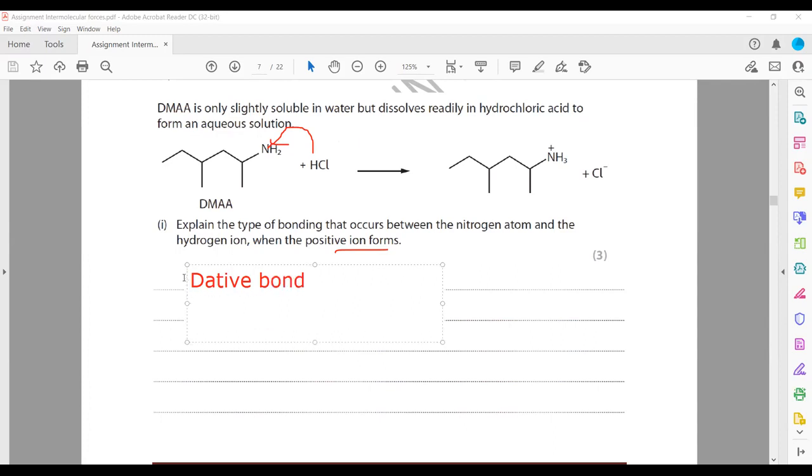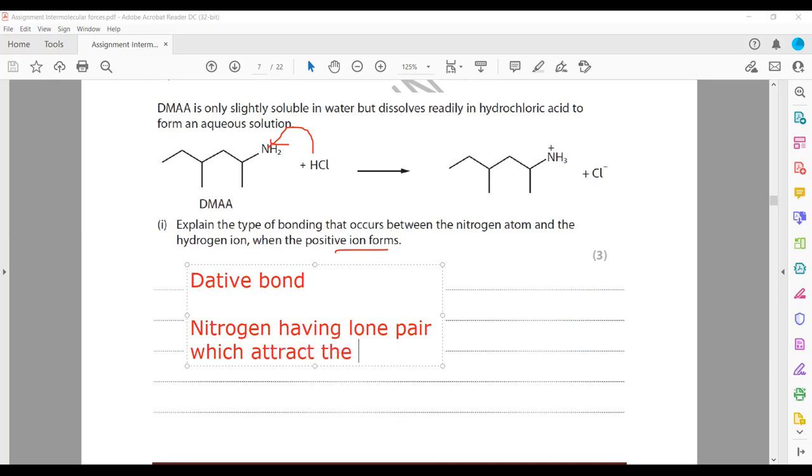and how it is formed. Nitrogen has the lone pair, which attracts the hydrogen ion. So it is attracting the hydrogen ion.